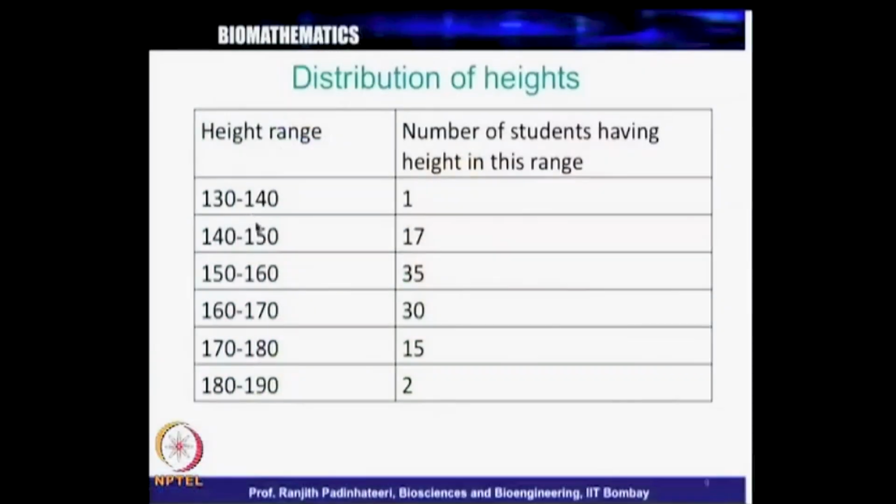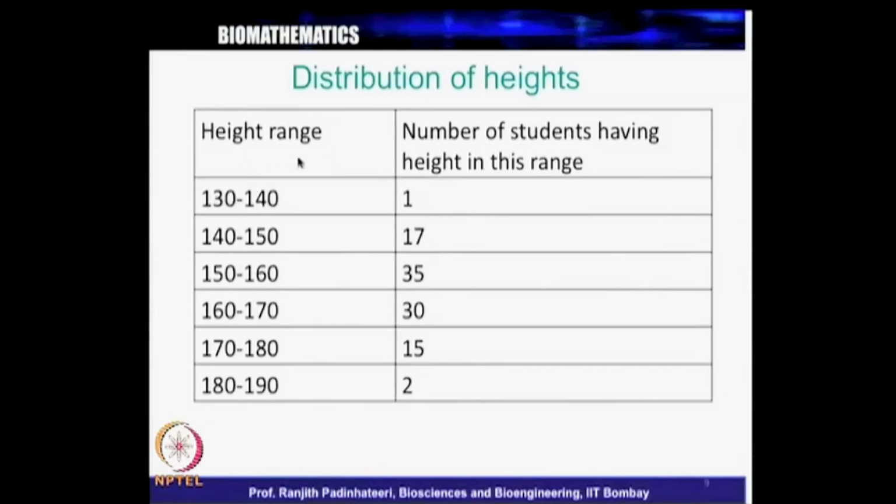Let us look at this. This is one way. We can break down the data into ranges. How many students have a height in the range of 130 to 140 centimeters?